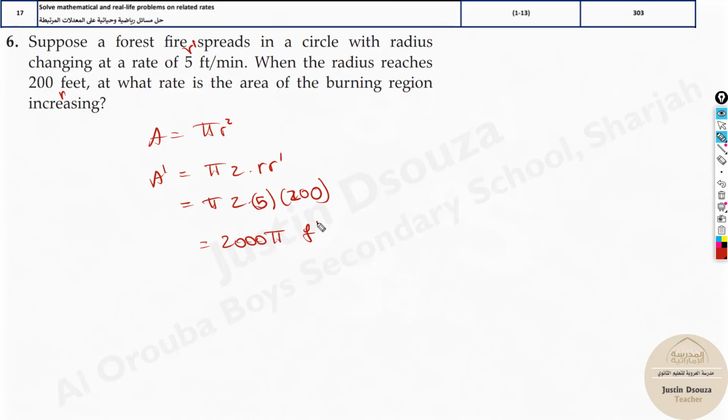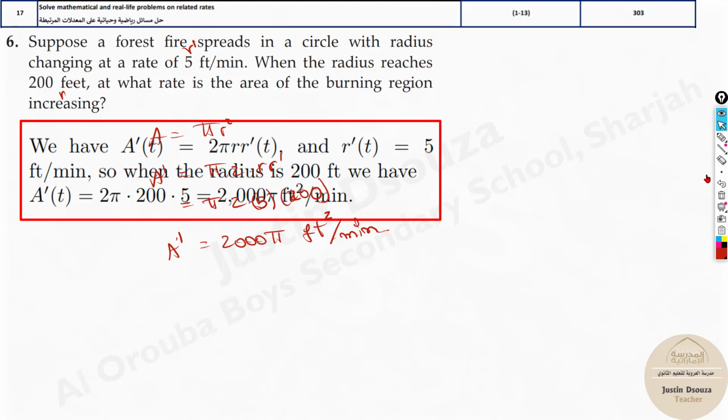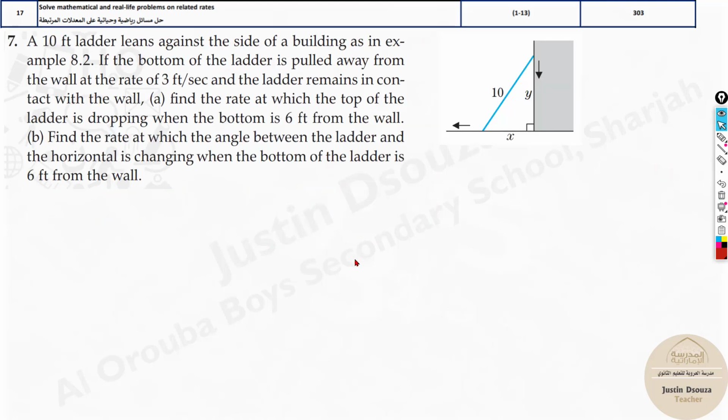What is the unit? It's in terms of feet, so it'll be feet square for area, rate of area, feet square per minute. So what is happening? Every minute it is increasing by 2000 pi feet square. The area is increasing. So this is how we can solve it, and you can see it's the same thing over here. It's a very simple one.